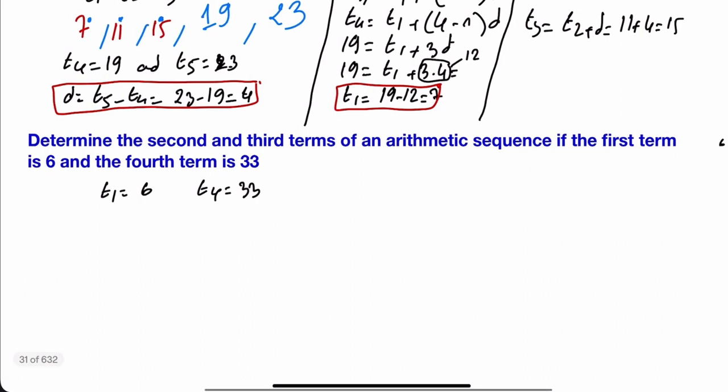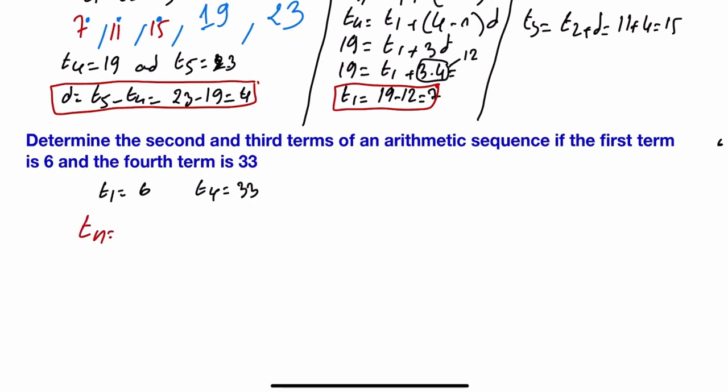So Tn is equal to T1 plus n minus 1 times d. We can use T4, the fourth term, so n is 4, minus 1, times d.